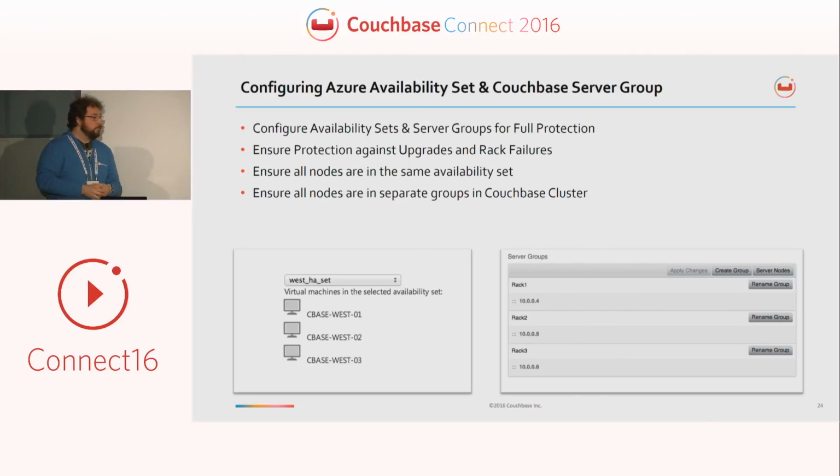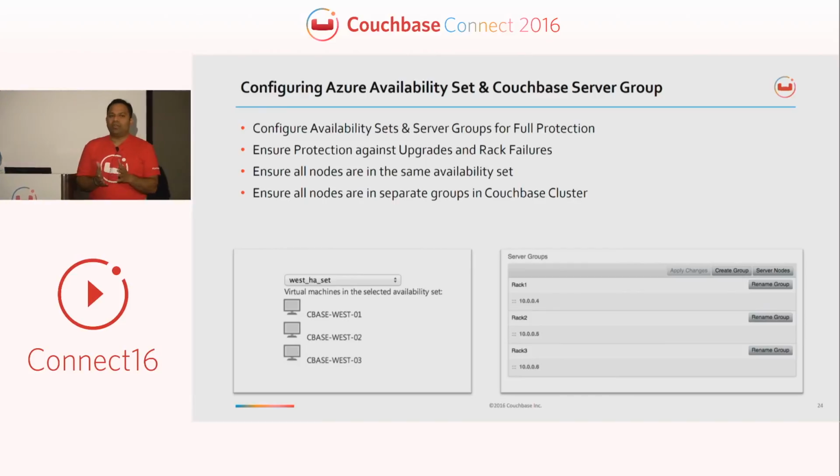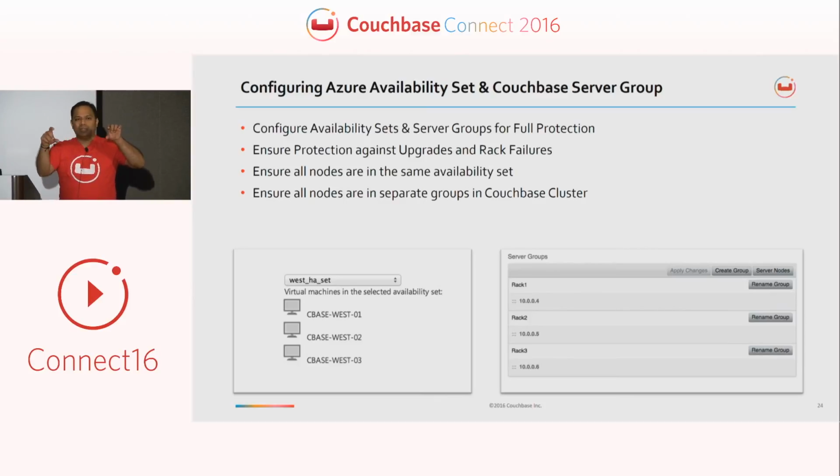Right. To complement that, in Couchbase, we have a feature called rack awareness. What this feature provides is, once you have configured your availability set in Azure, you can use our server groups in Couchbase to do the placement of the servers. So, for example, let's say you have 6 nodes in your cluster, and you have put 3 nodes in one fault domain and the other 3 nodes in the other fault domain.